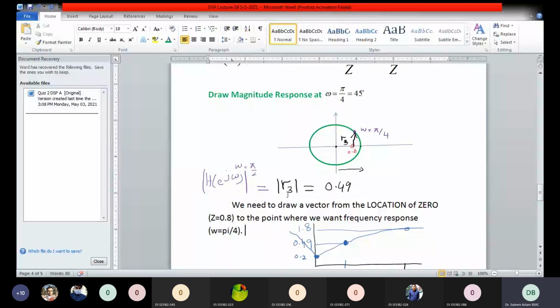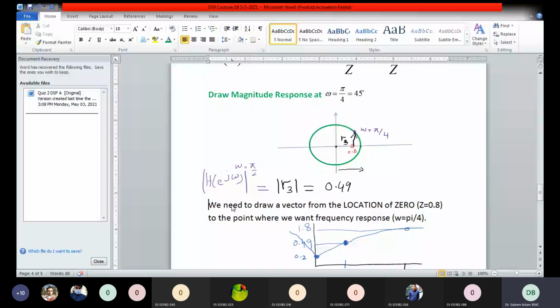We need to take the magnitude of that vector. That will give us a rough estimate of the frequency response of that particular system at that particular frequency. Okay? Thank you, sir. Welcome.